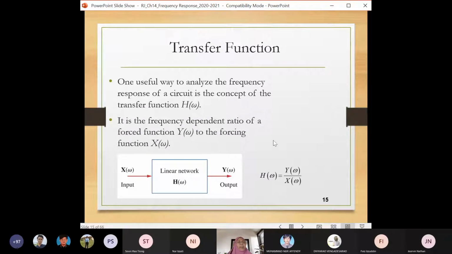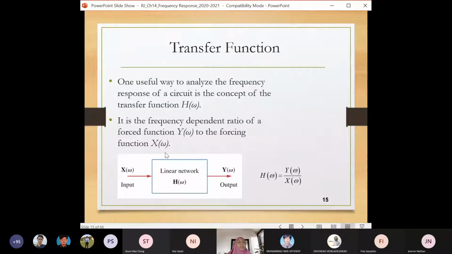It is the frequency dependent ratio of a forced function, Y omega, to the forcing function. Forcing function means the input. Forced function means the output. I'm sorry, opposite. Forcing function is X. Forced function is Y. Y is the output. X is the input.